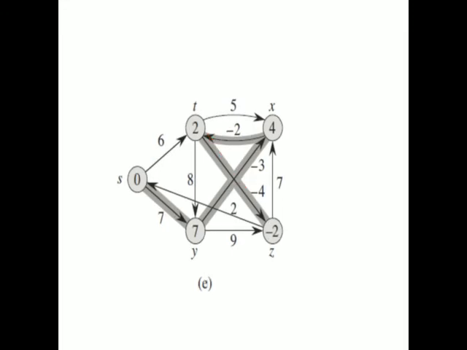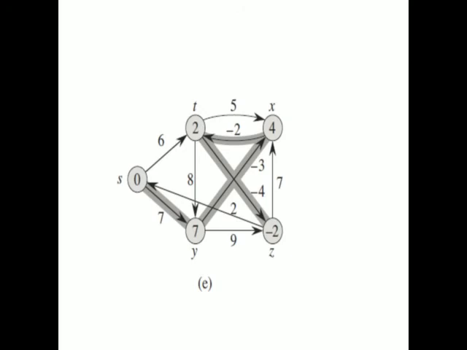So z value will also be updated, and after this there is no updation in the shortest path estimate of the vertices. This is the solution graph where each vertex has the shortest path estimate, and the shaded arrows show the predecessor of those vertices.